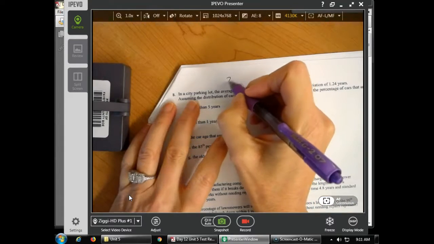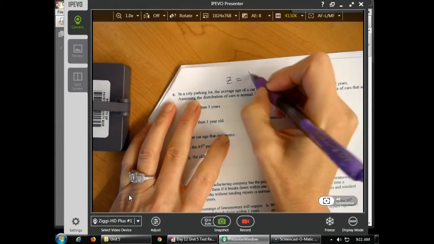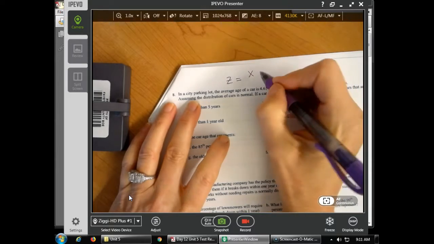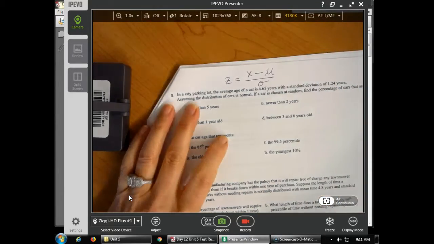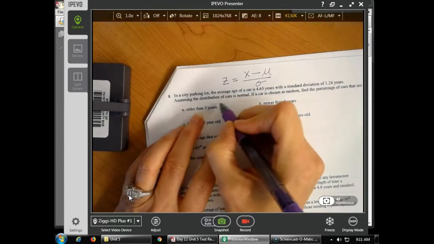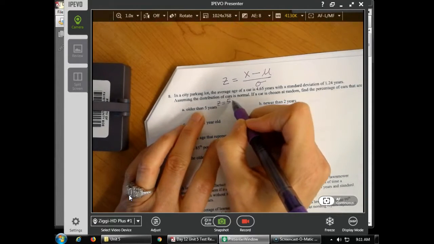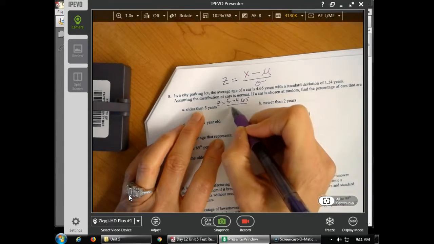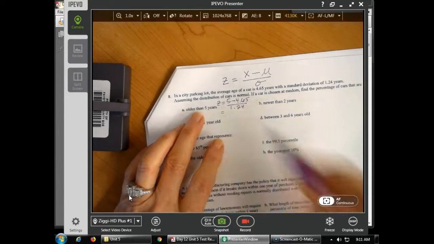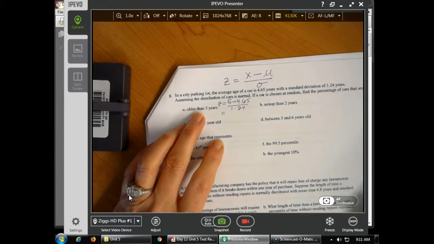So remember our z-score formula, it will be given to you, but it's observed minus the mean divided by the standard deviation. So that's what I'm using here. So the z-score here is going to be 5 minus the mean of 4.65 divided by 1.24. And what does that give us? And practice this with me.